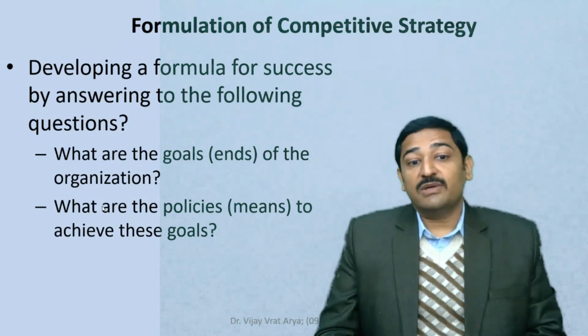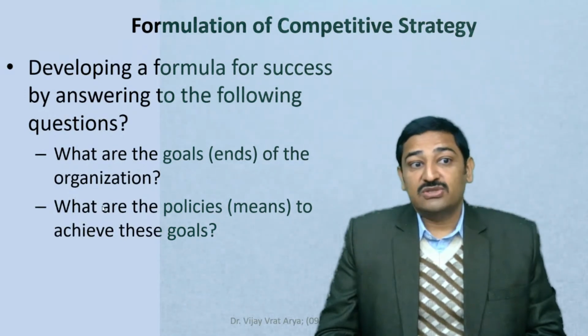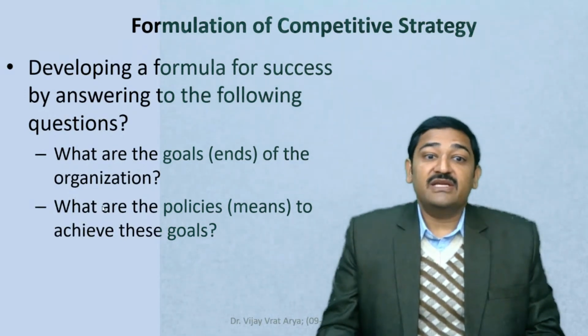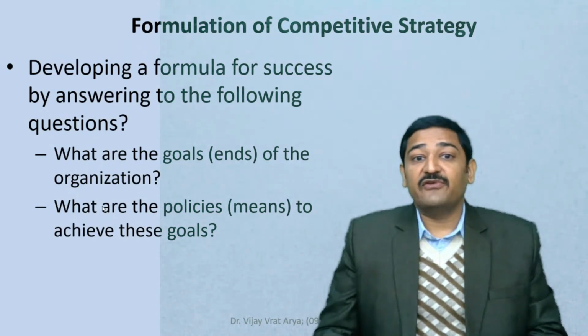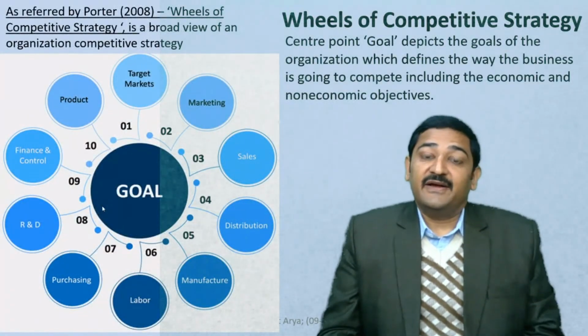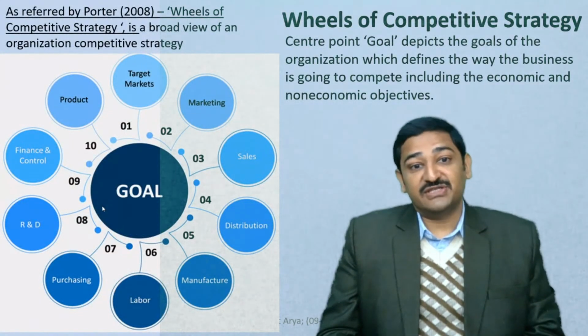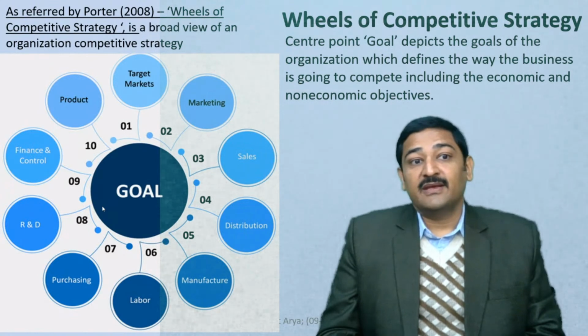What policies are there to achieve these ends, that is, goals? These two things need to be answered at the time of setting up the formula for success, and therefore a wheel of competitive strategy needs to be understood here, which has been identified by Porter.